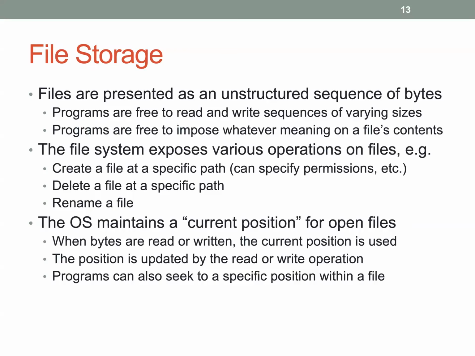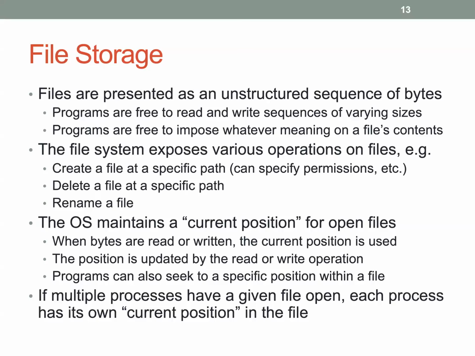You can do it relative to the start of the file, the end of the file, or relative to the current position as well. And so this allows a program to treat the file's contents however it wants. Of course, if multiple processes have a given file open, each process has its own current position, because otherwise that would be crazy.